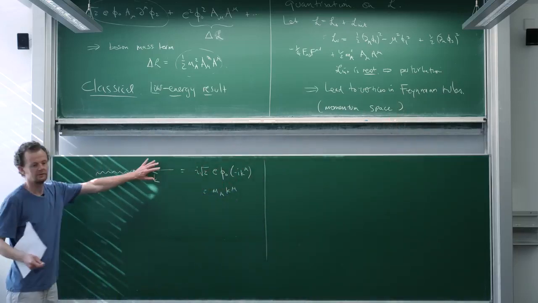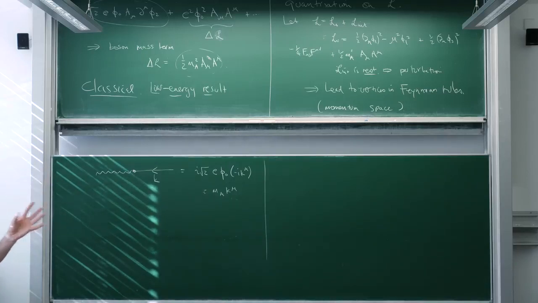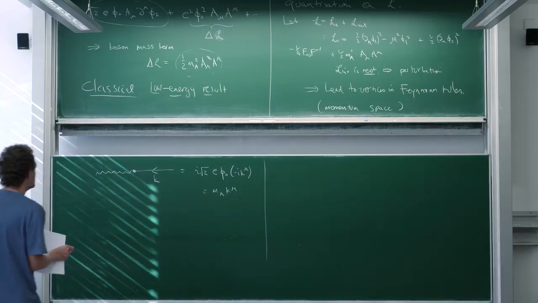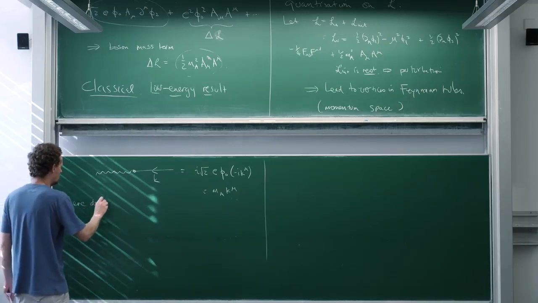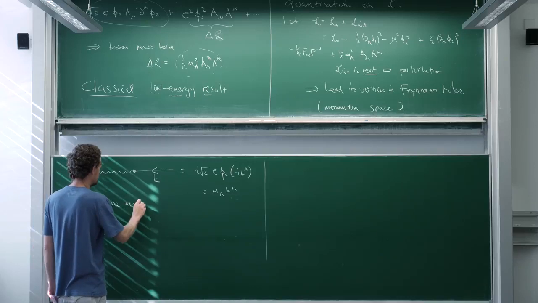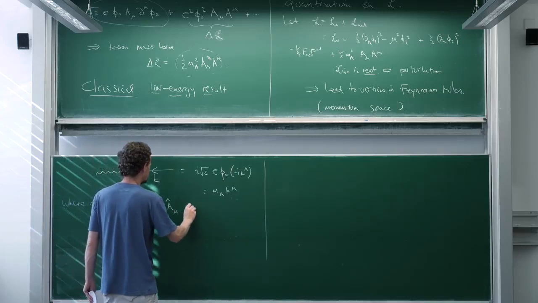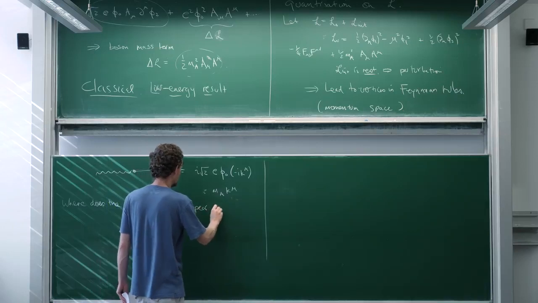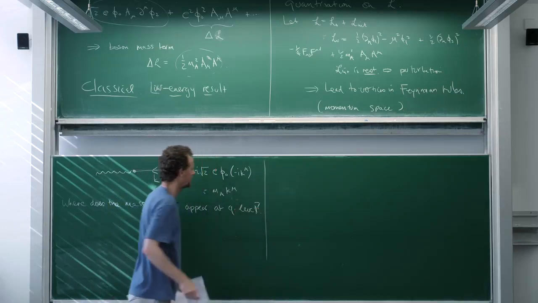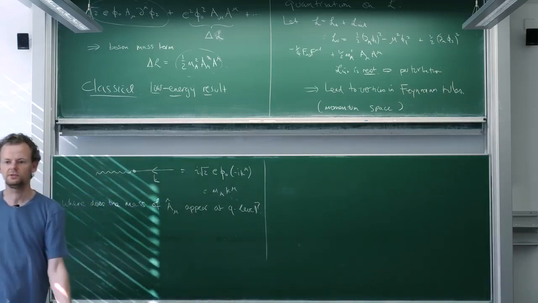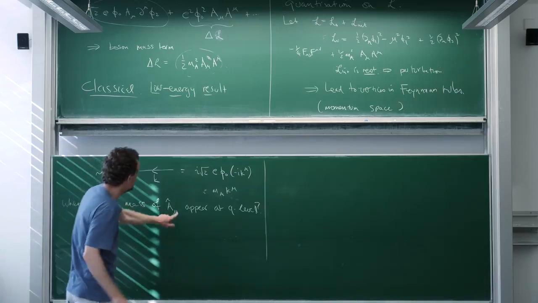So that's what happens. Now let's look at where the mass is at the quantum level. As you do computations, you have to ask yourself, what is the mass of this A mu particle?